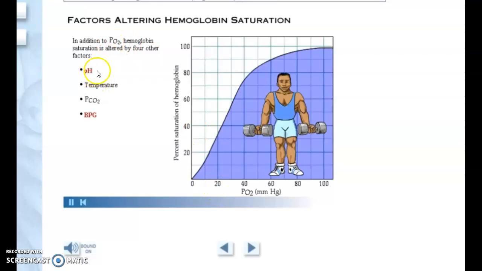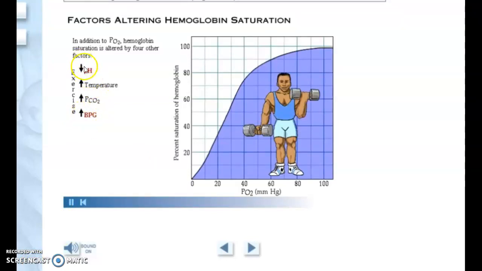Okay, so what happens to your pH when you exercise? Well, you form lactic acid, so your pH actually drops, because remember, low pH is acidic. What happens to your body temperature when you exercise? Well, it rises. What happens to your carbon dioxide production when you exercise? Well, you produce more of it. And finally, you also produce more BPG.